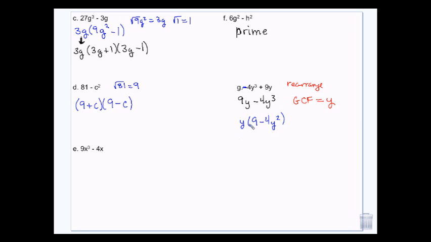So once I take the y away, I get a 9 and a 4y squared, which are perfect squares. And the square root of 9 is 3. The square root of 4y squared is 2y. So I get 3 plus 2y and 3 minus 2y. And that y that I factored out just hangs out in the front.